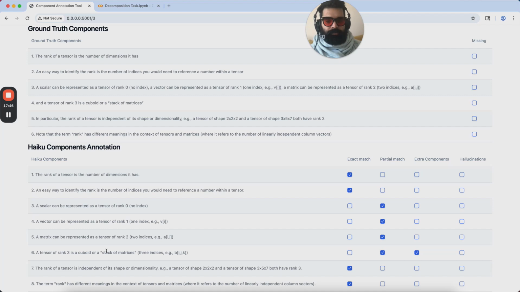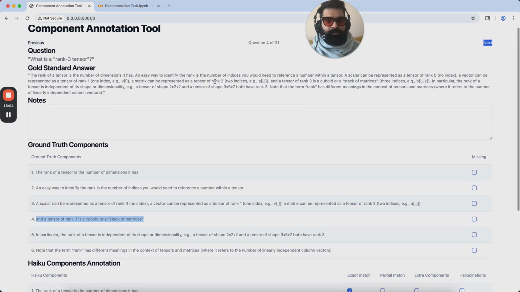Let's see. So scalar, vector, matrix, those are all in this one. All right, so this one here. A tensor of rank 3 is a cuboid or a stack of matrices. That's this chunk here.